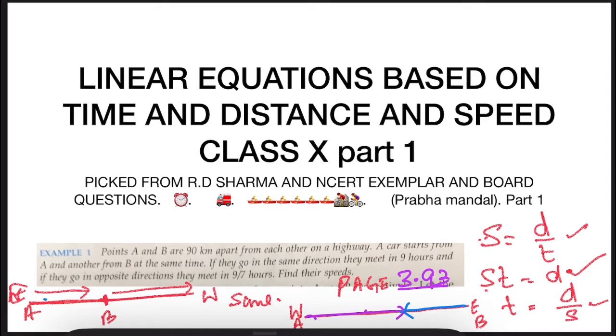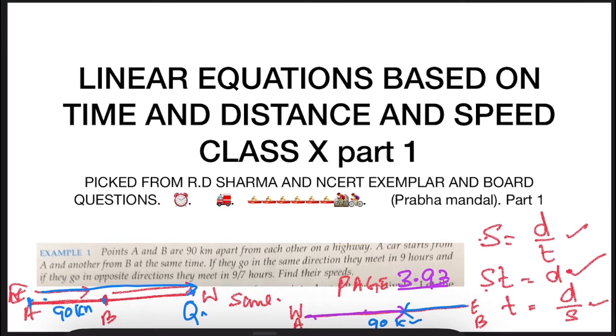The distance between A and B is 90 kilometers. The car is starting from A and the car is starting from B, going in the same direction, so they will meet at this point. Let us say this point is Q. At this point they are meeting.